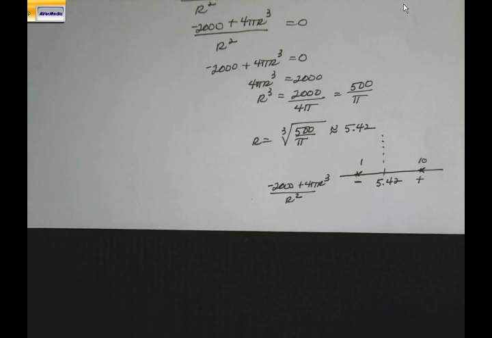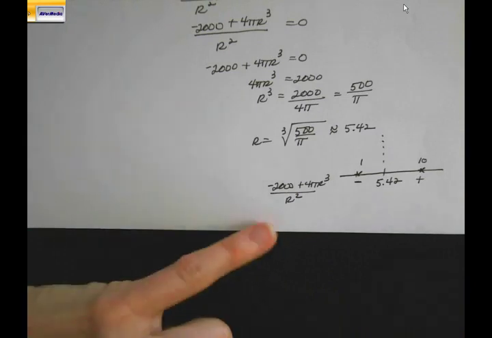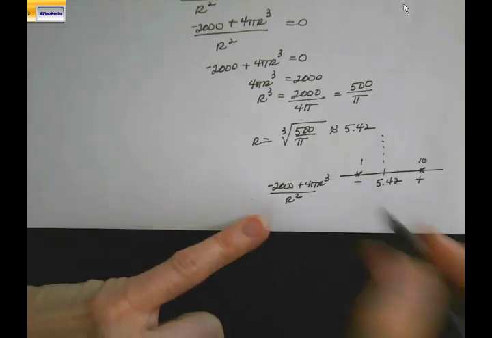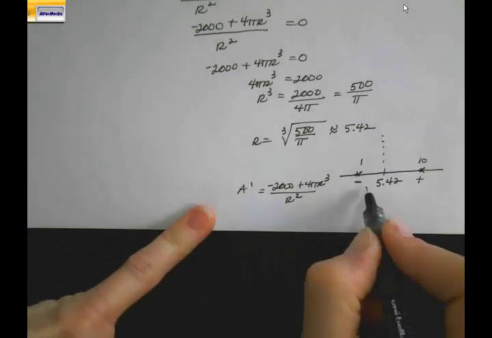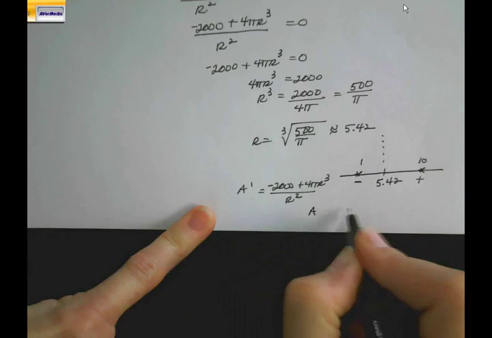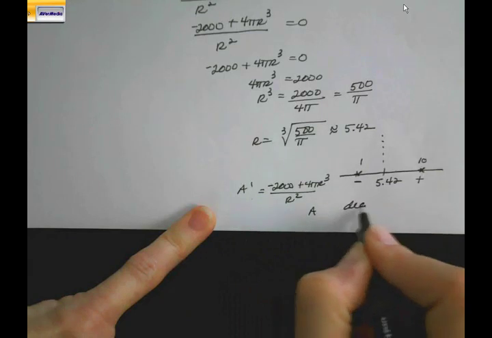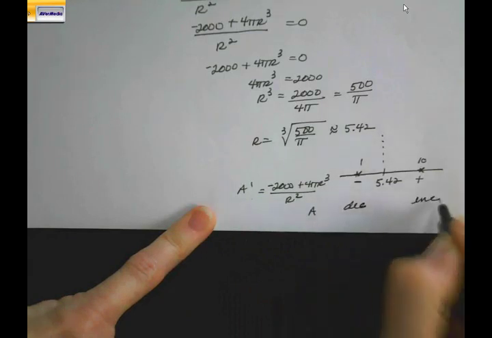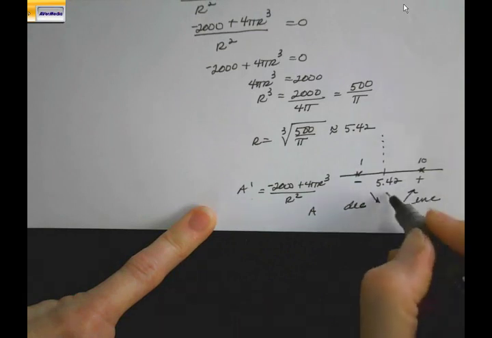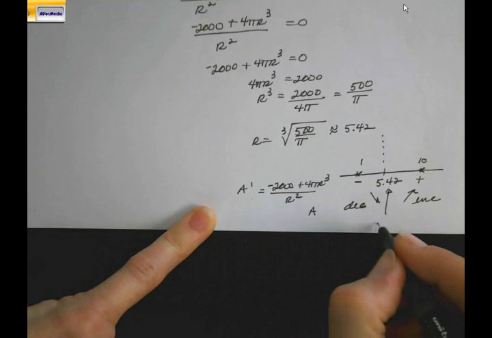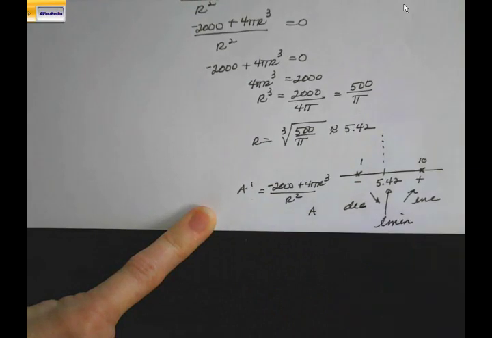So my first derivative of my area was negative, which means my area is decreasing. Then it's increasing. So if it's going down and then up, is this a local min or a local max? A local min. So a local min at r equaling approximately 5.42.